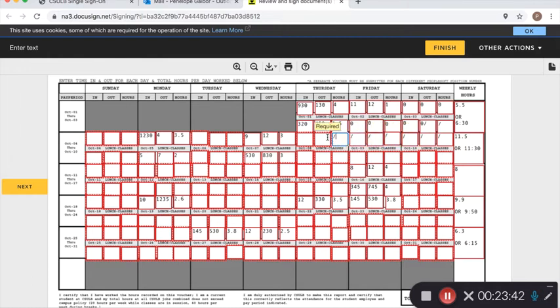So please just make sure to cross these days out. Not everyone's on the same schedule, so unfortunately, I can't block off certain days for you. So just please make sure to take these days and input some sort of text in here so you can submit your document.